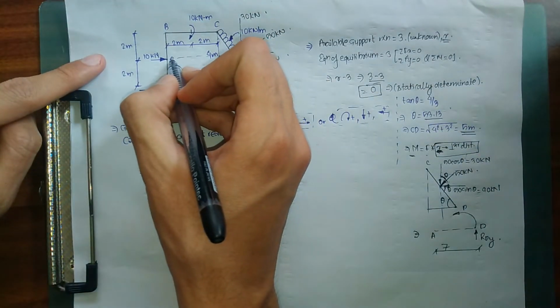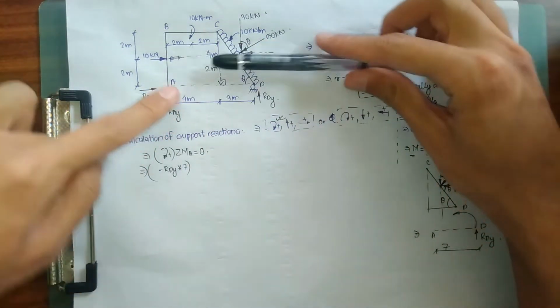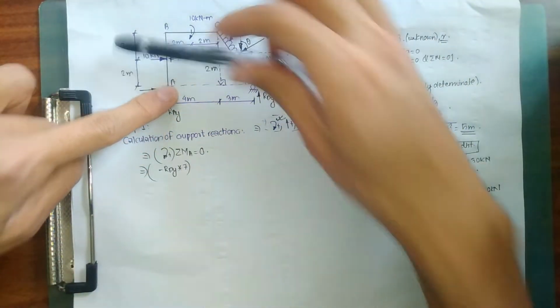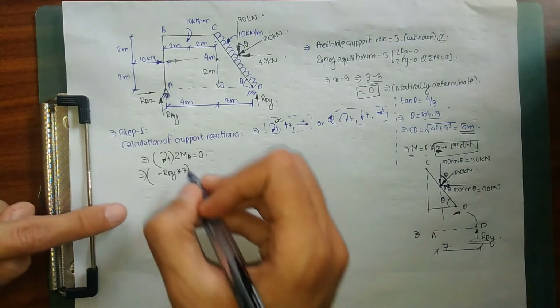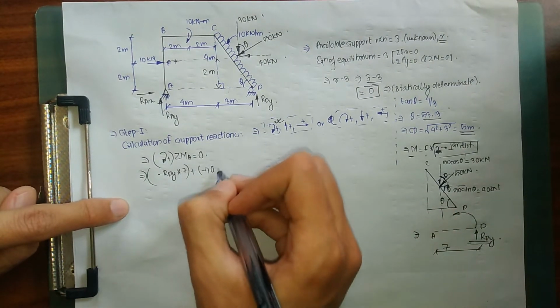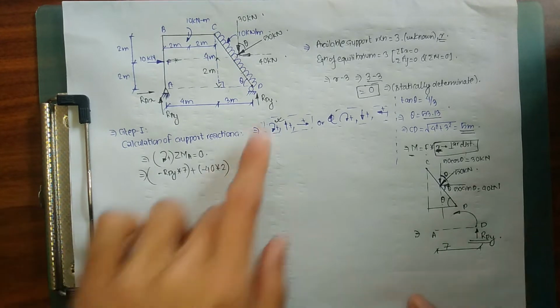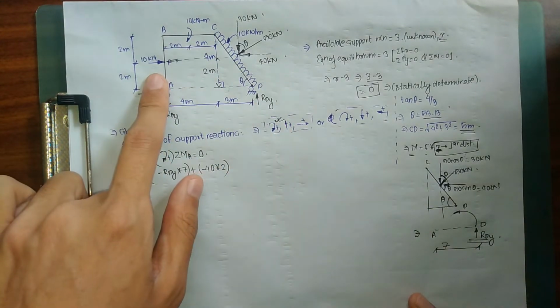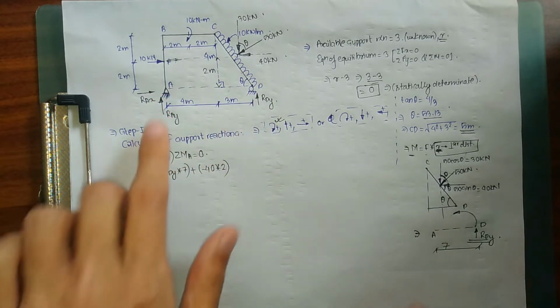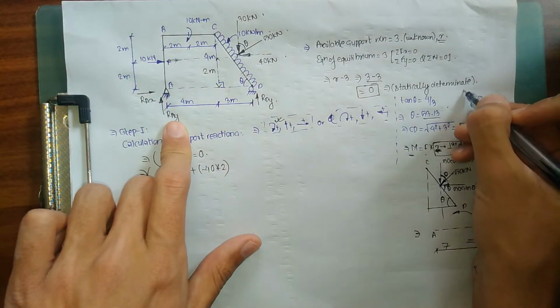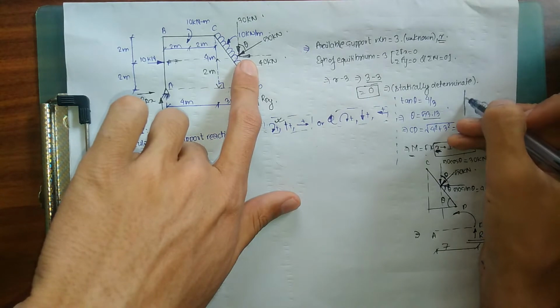As you can see, 40 kilonewton is acting in this direction, which means it's also going to produce anti-clockwise moment, same as RDY. So minus 40 into perpendicular distance, which is 2. Hope you have understood how 40 kilonewton has produced anti-clockwise moment. It is the same as that of RDY. Let me just simply draw to make the concept even clearer. 40 kilonewton is acting in this direction.